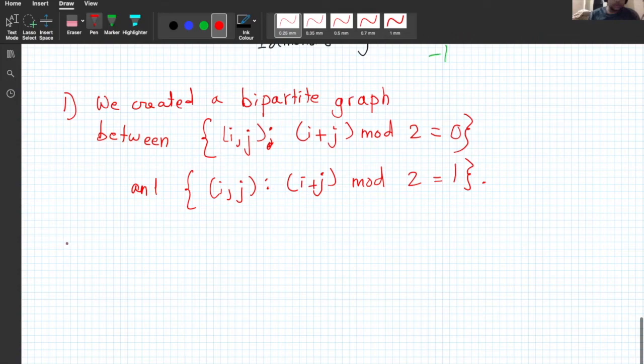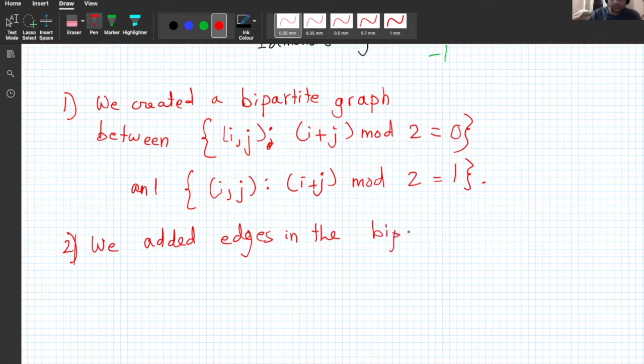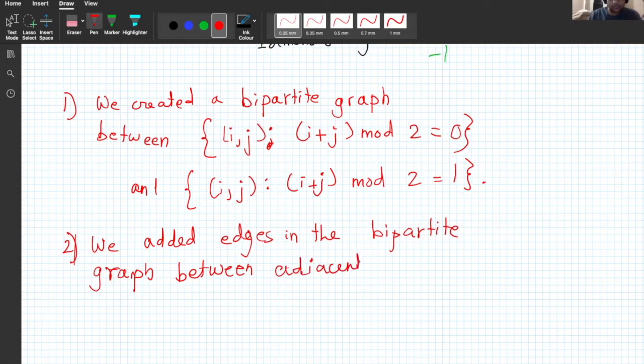Second, we added edges in the bipartite graph between adjacent grid cells.